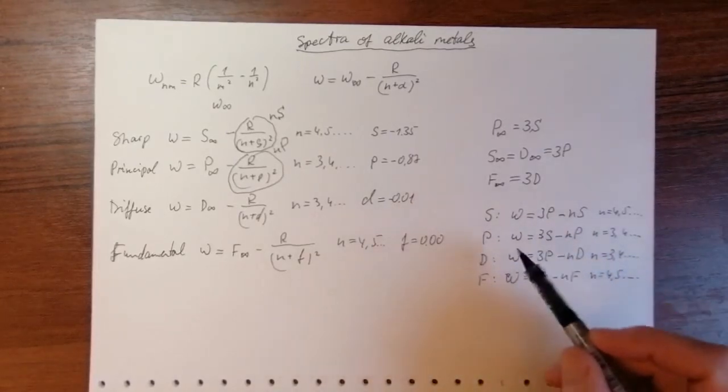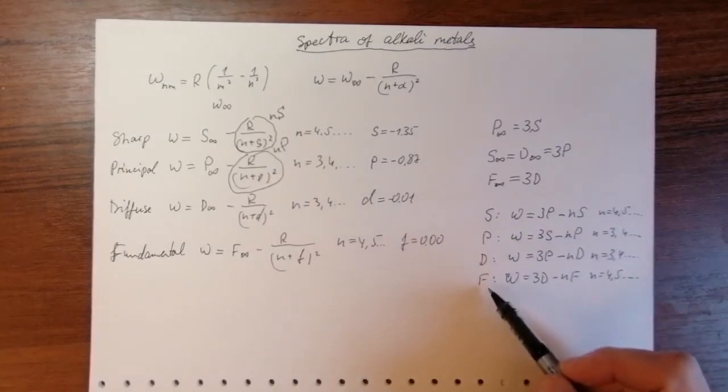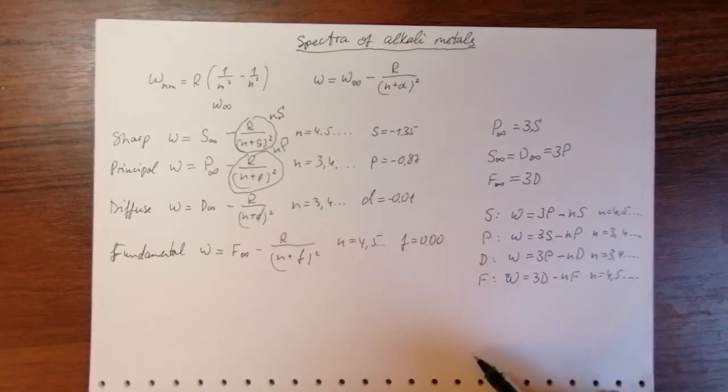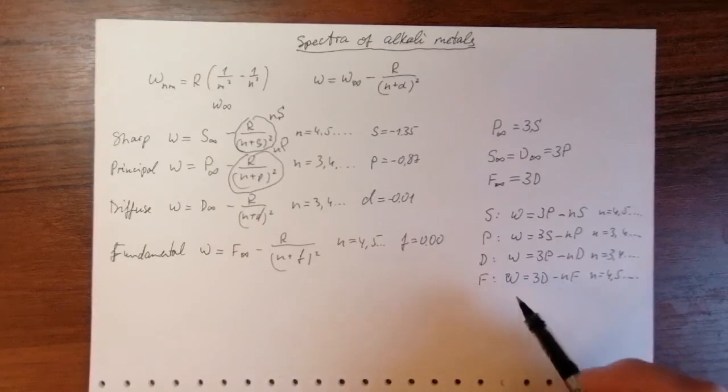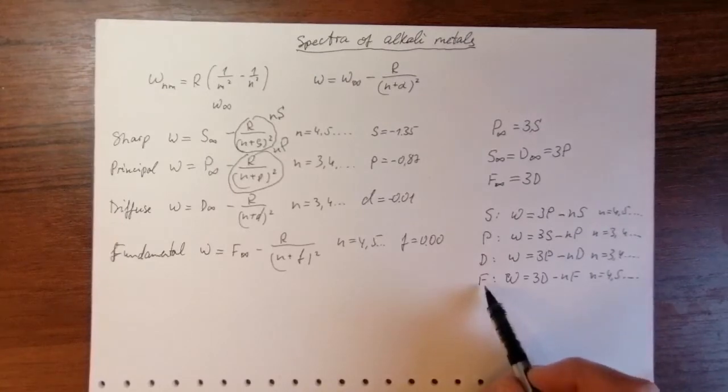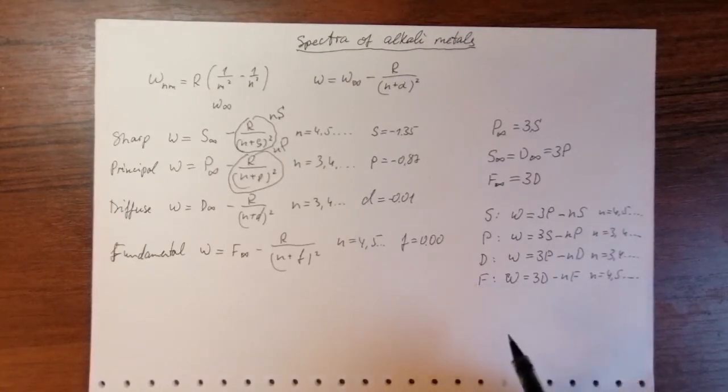Look, we considered only 4 different series, but it doesn't mean that there are only 4 of them. There are many different series after f, and it is customary to denote other series simply alphabetically after f. The first 4 are called with these letters because of some physical meaning, and the rest are called simply alphabetically.